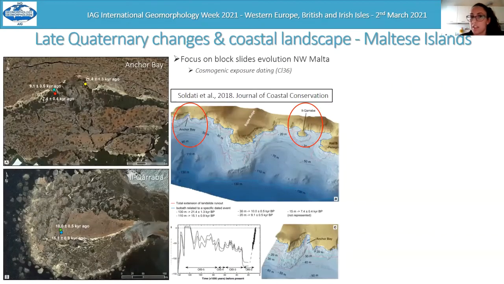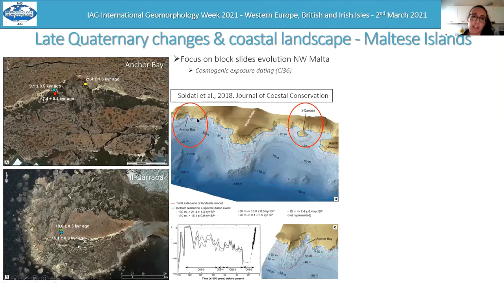Using cosmogenic exposure dating, the chlorine-36 in particular, due to the limestone, the carbonatic lithology of the area, we were able to date some main detachments at two sites, Anchor Bay and Ħarrabba.